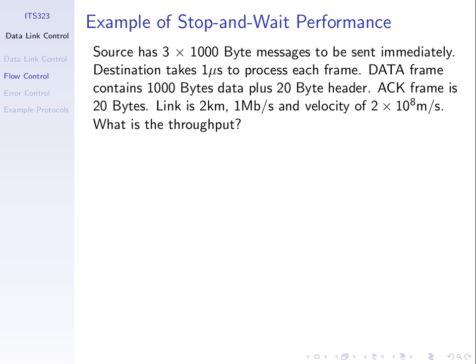It wouldn't be 8341, it would be larger. If the propagation delay goes up, this time will go up. If this time goes up, our throughput goes down. And if our throughput goes down, our efficiency goes down. Increasing the propagation delay decreases our efficiency.